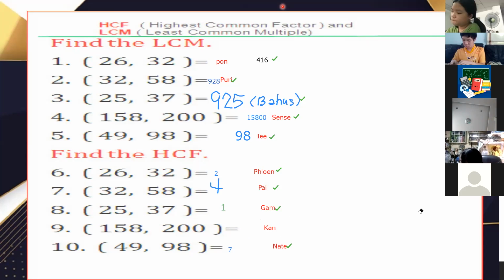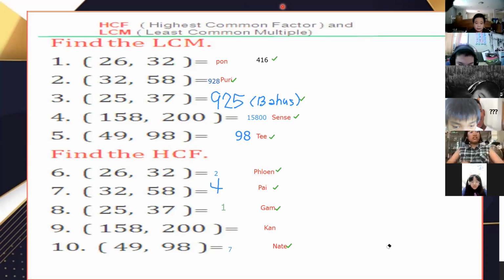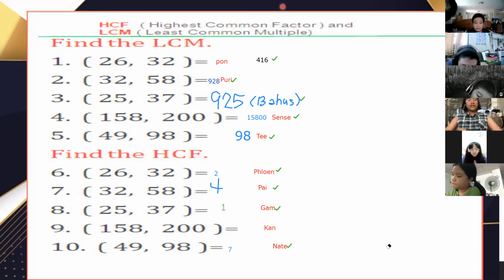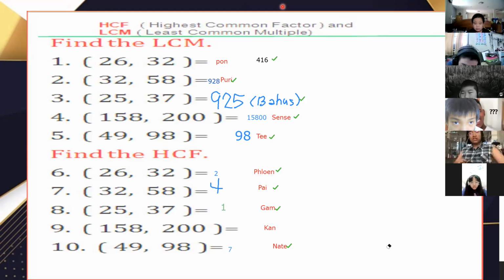How about anyone who can answer number 9? Help Ken. Ken, what is the answer in number 9? The HCF.